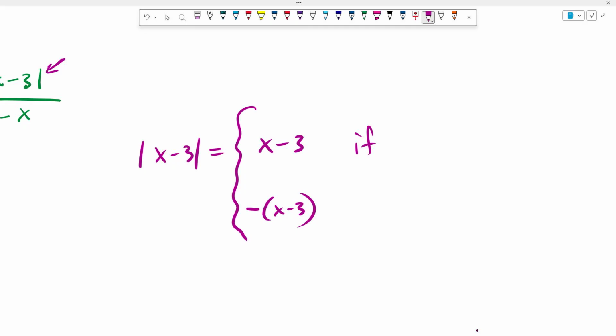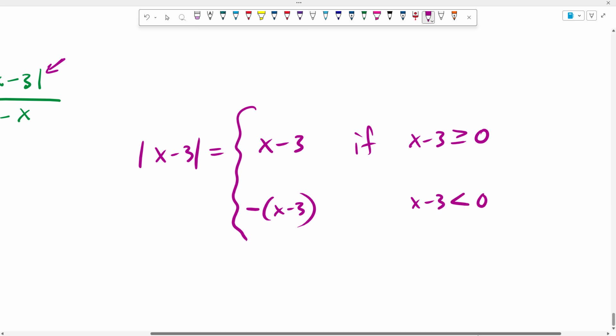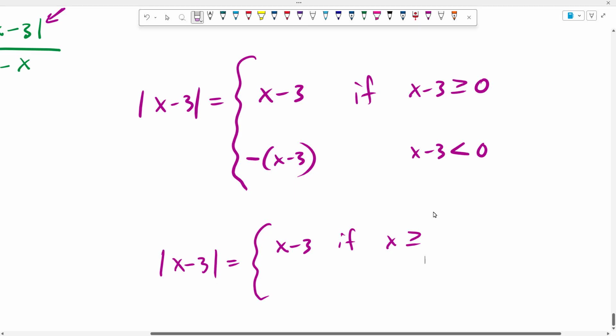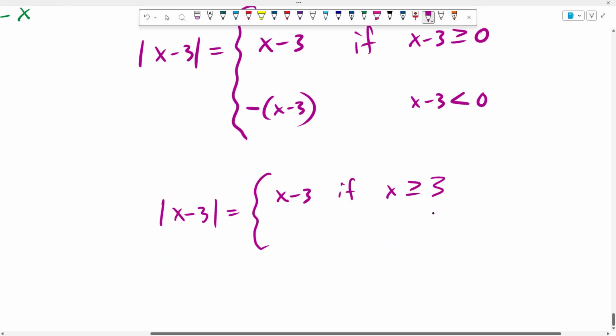And if x minus 3 is less than 0, it's the negative of that. So it's either x minus 3 if x is greater than or equal to 3, and negative (x minus 3) if x is less than 3.